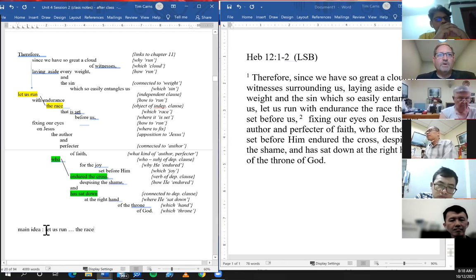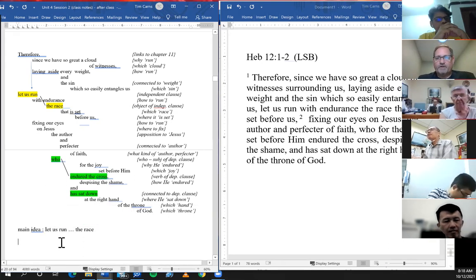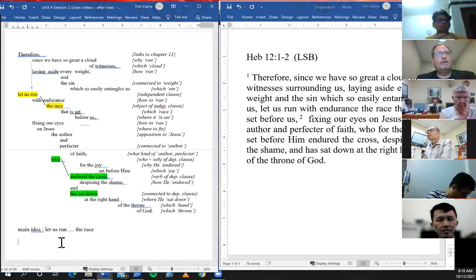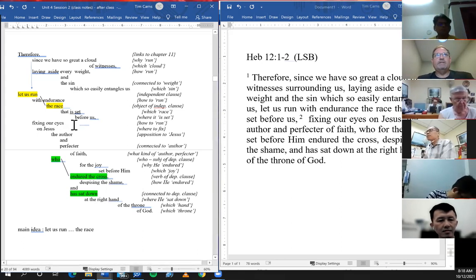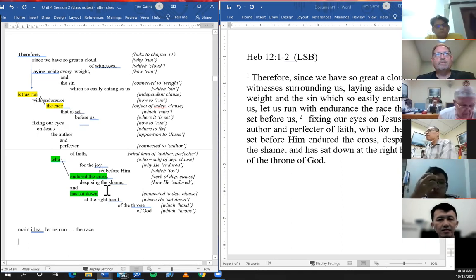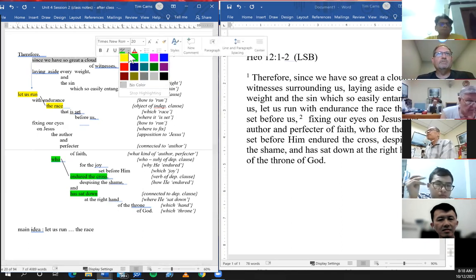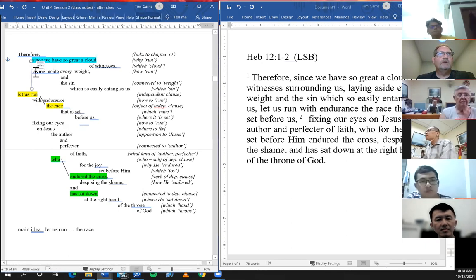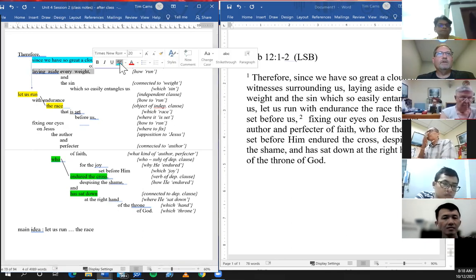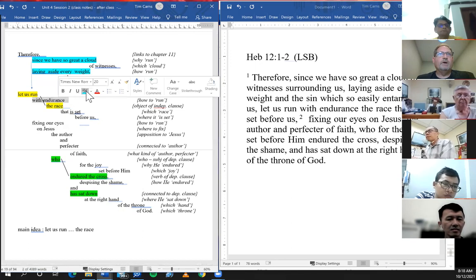Again, remember, let us run, that's a form of an imperative. It's the way you would describe an imperative in the first person. Let us run the race. That's the main idea. Everything else is modifying somehow. Okay? And you can notice where we start is saying, okay, what is directly modifying that independent clause? Well, I'm going to highlight it in, I guess, blue. We have these phrases and clauses that modify run.